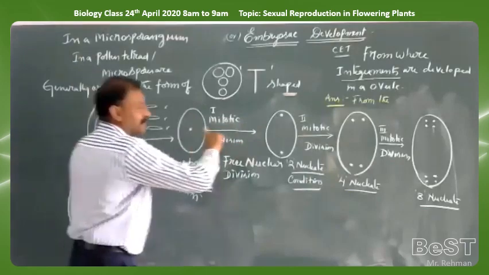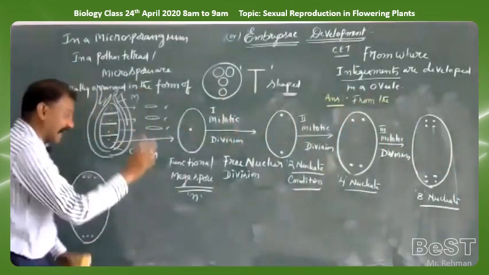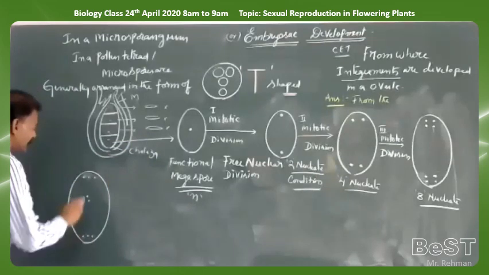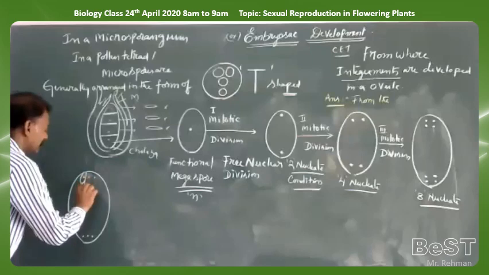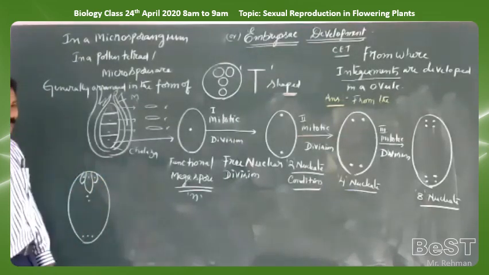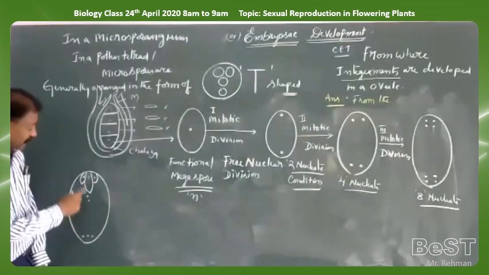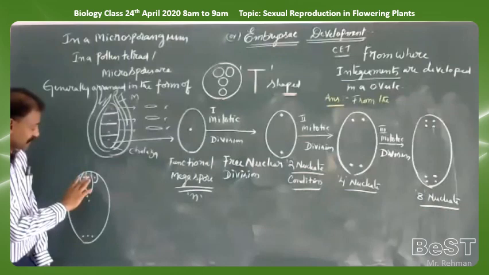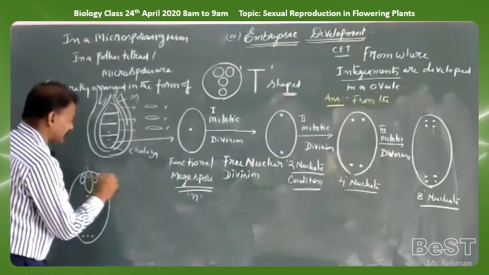Now it undergoes various sequential divisions and is finally organized with cell wall formation, cytokinesis. These three nuclei of the upper pole become a structure called the egg apparatus.